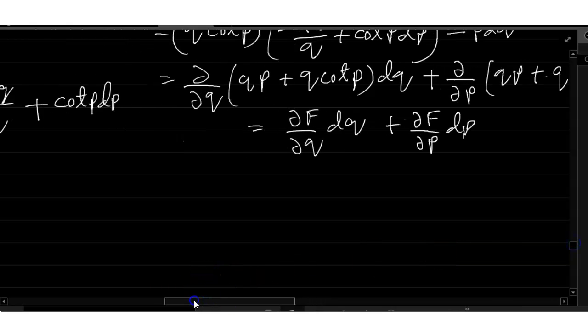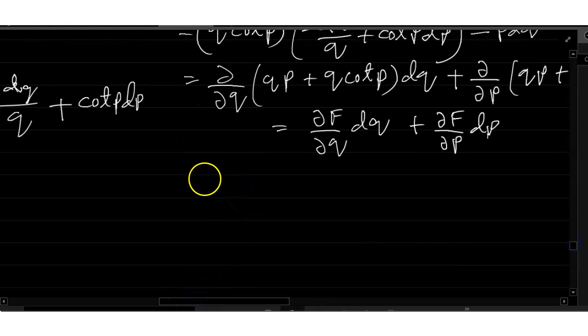So my f is equal to the generating function. So exact difference f is equal to qp plus q cot p.